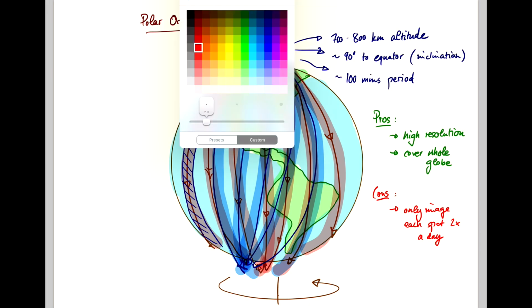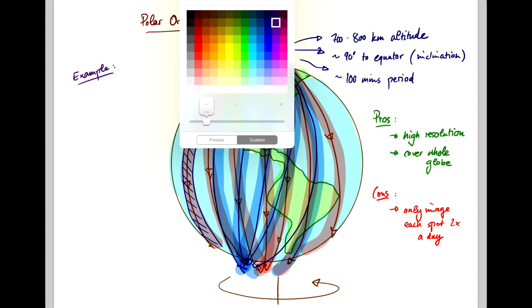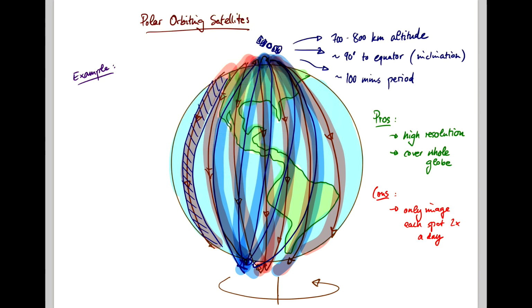Now, let me give you one example of a maybe not so famous polar orbiting satellite, but certainly famous for us, and that is the Seahawk CubeSat, which is a tiny little satellite.